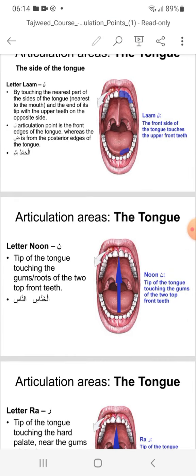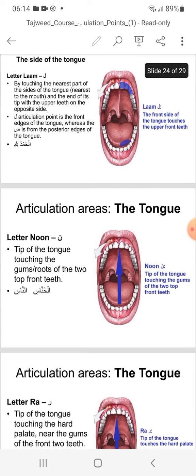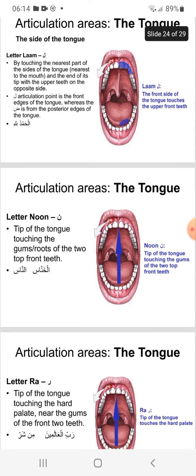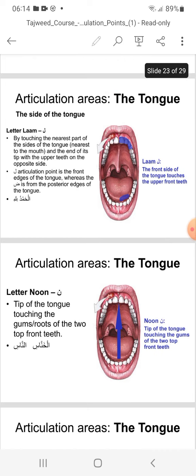Here we need to press strongly using the tongue, and this helps you not to produce a longer ghunna. If you want a long ghunna, you press gently using the tip of the tongue, and this helps the air go through the nose more and produce a longer ghunna. This is how we deal with it.